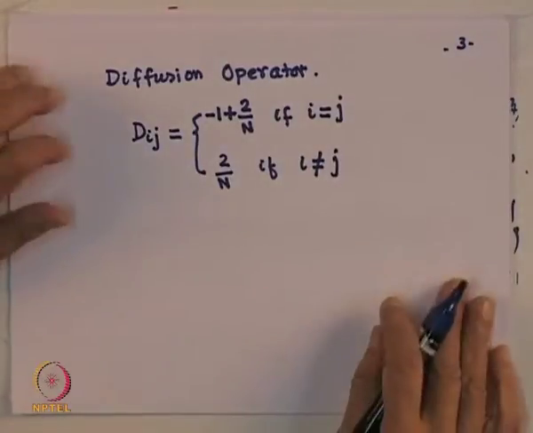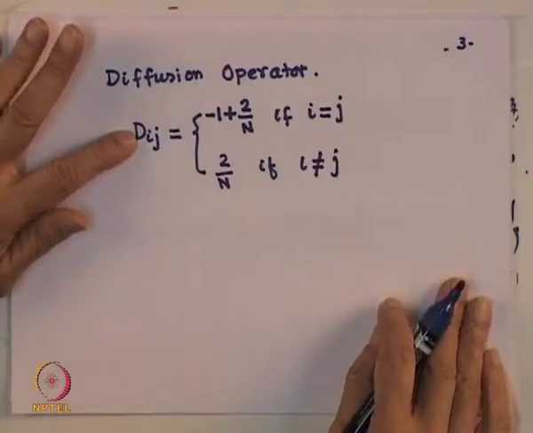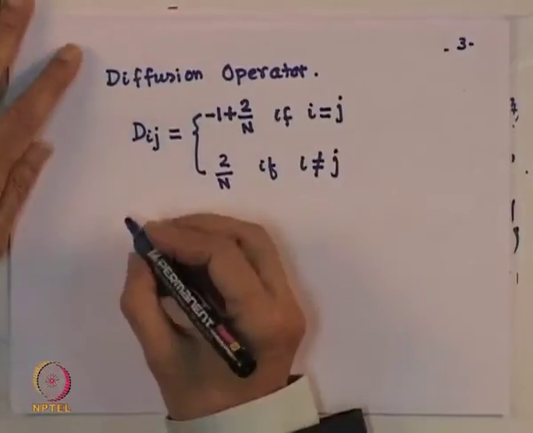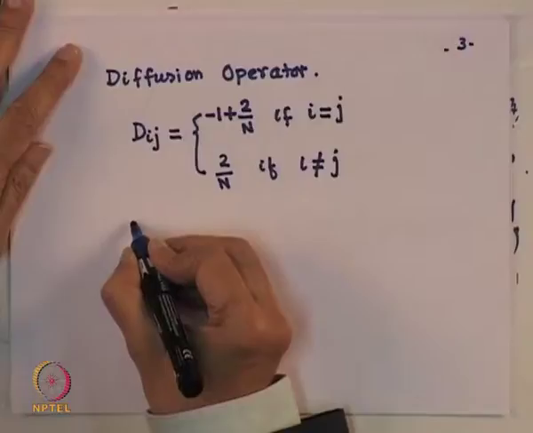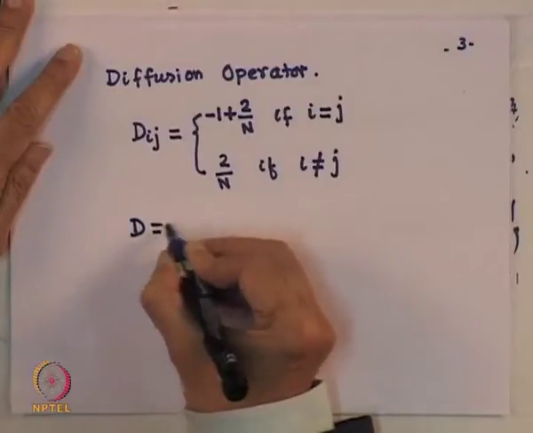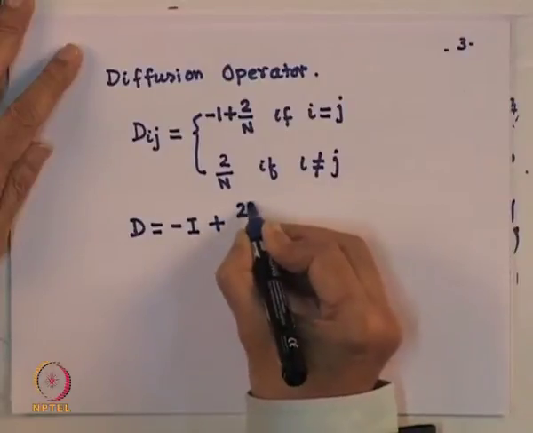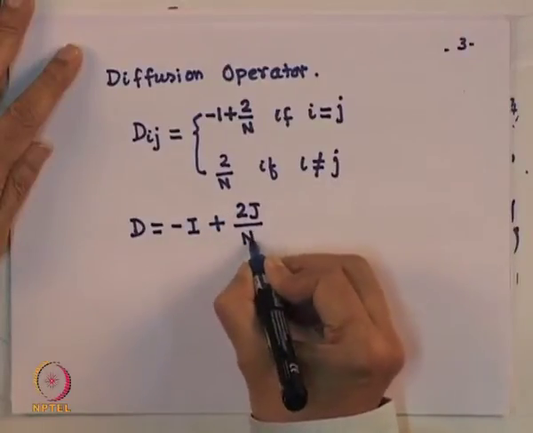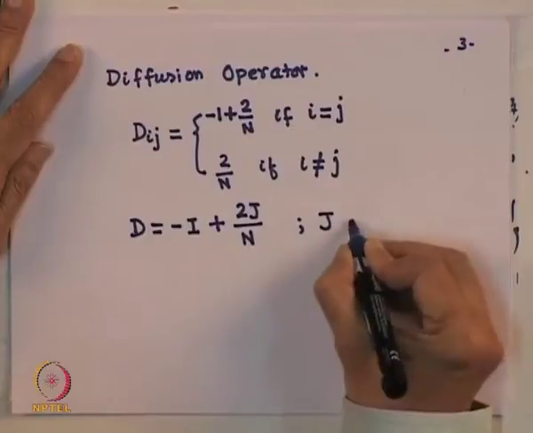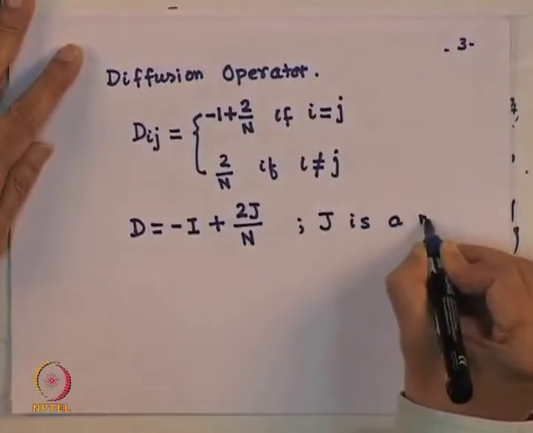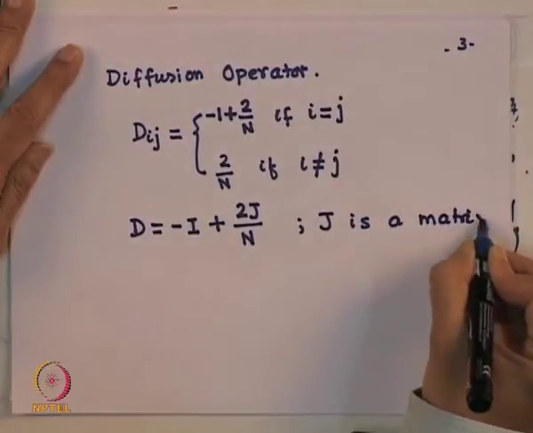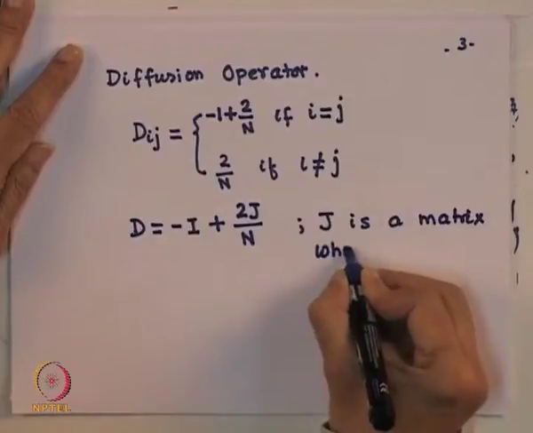Now it turns out, which one can very easily show, that D has the following matrix representation. D is equal to minus I plus 2J divided by n, where J is an n by n matrix whose each element is 1.